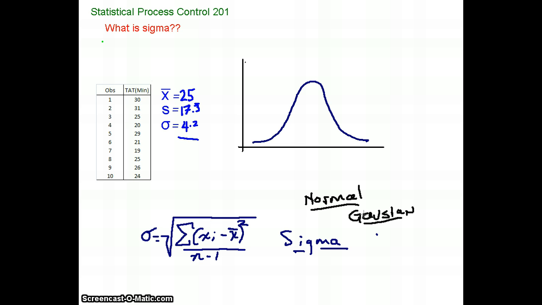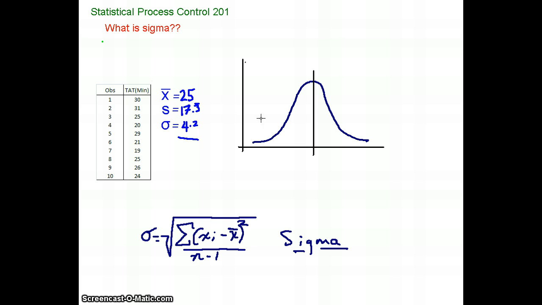Gaussian, G-A-U-S-S-I-A-N, Gaussianly distributed. So let's just make the assumption that our data are normally distributed. If our data are normally distributed, then large data sets will conform to this bell-shaped curve, meaning that the average, 25, would be here.